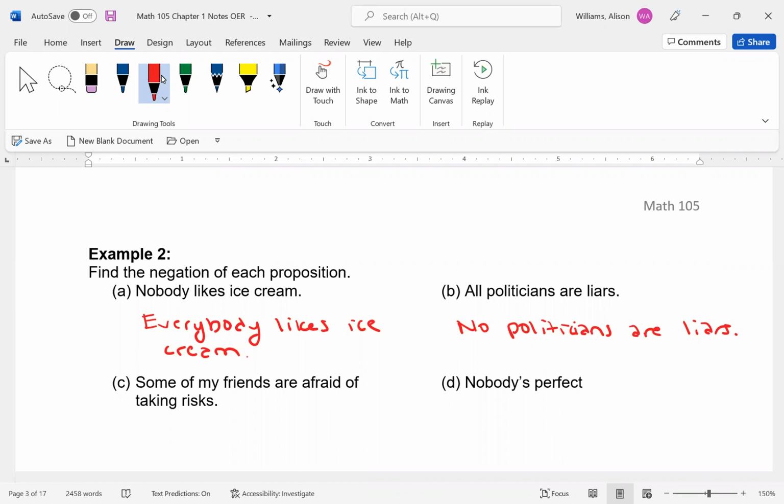Okay, "some of my friends are taking risks." So when there's a "some" case, you can do a "some" opposite. In other words, you could say "some of my friends are not taking risks."